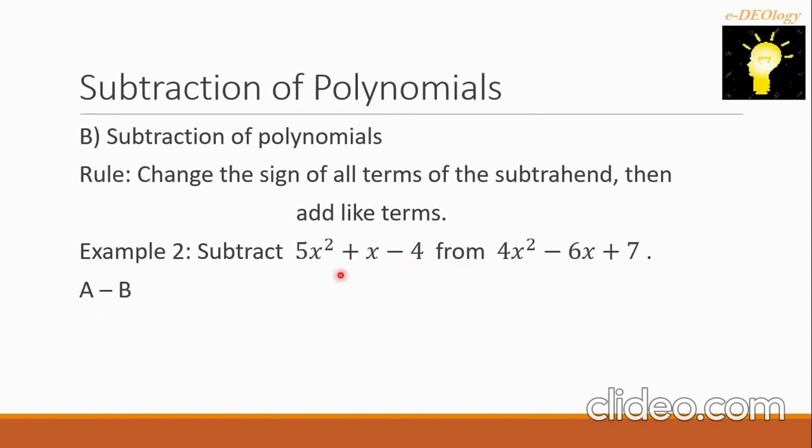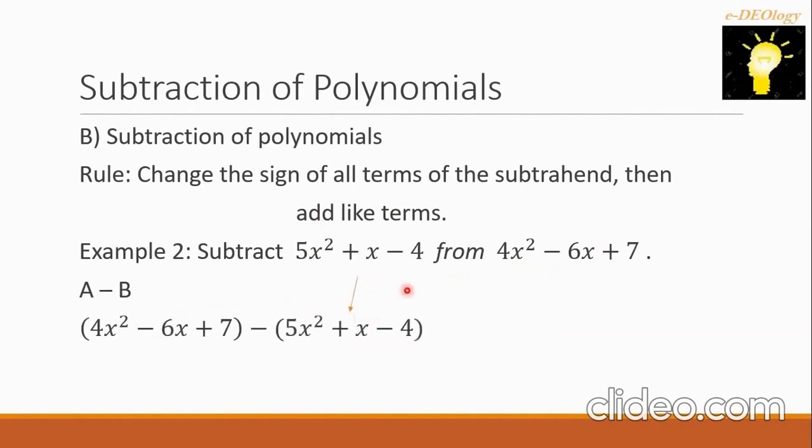But based on the manner the problem is written, the second polynomial here is considered to be the A, and this first polynomial here is our B. So it means we're going to put the second polynomial first, that will be our minuend, followed by our subtrahend.